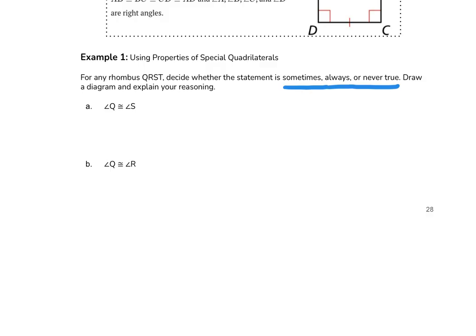We have a rhombus Q, R, S, T. And it doesn't really matter where you start here. Are Q and S always, sometimes, or never congruent?